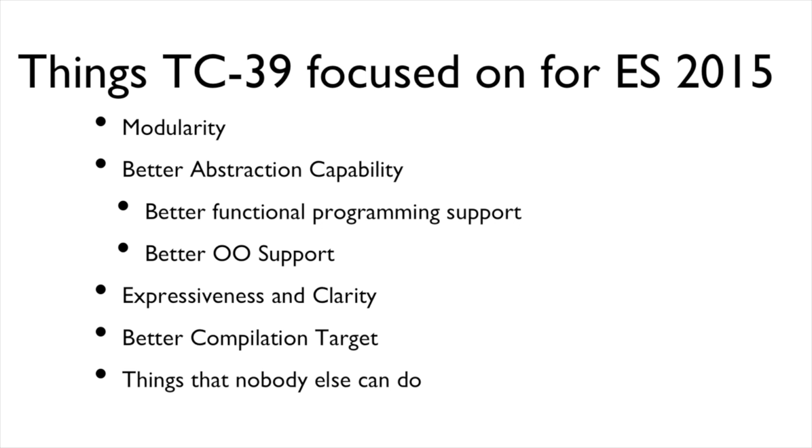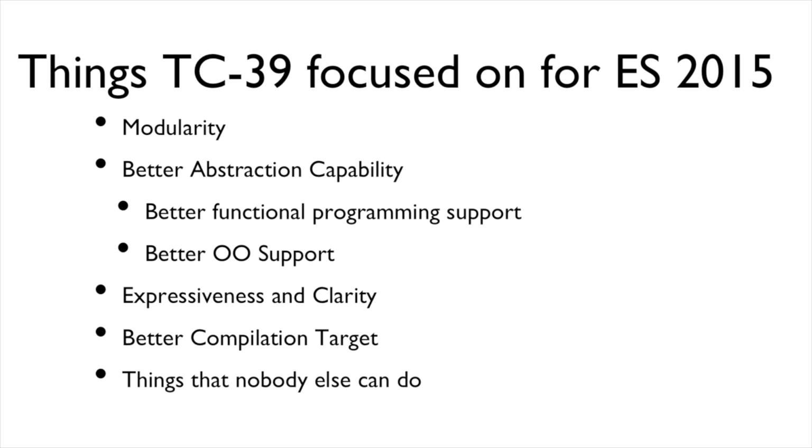And something we explicitly were thinking about, 6 or 7 years ago, was a better compilation target. We were anticipating more and more use of languages that compile to JavaScript, so for the new version of ECMAScript we actually considered what transpilers or compilers of various sorts would need.